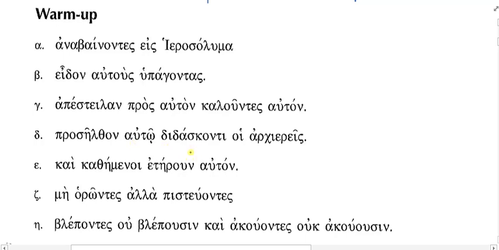I got really confused in the archiereis, what that was. Ah, right. Okay, good. Well, you see the hoi here? What does that tell you about archiereis? Is this the relative pronoun or is this the article? Yes, this is the article, isn't it?